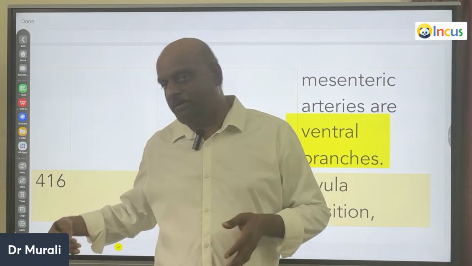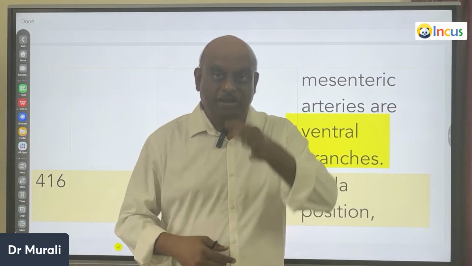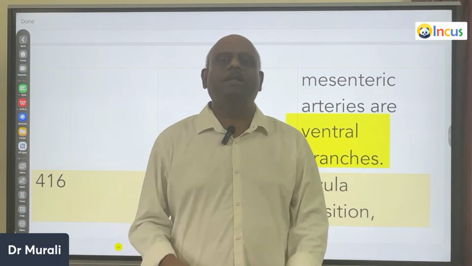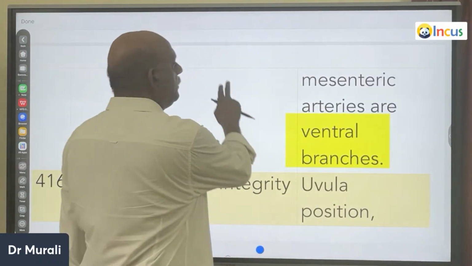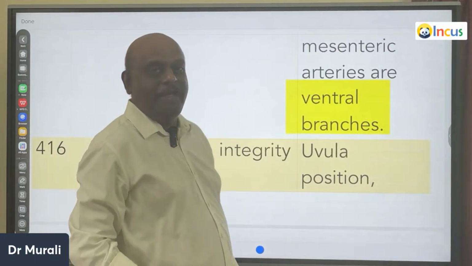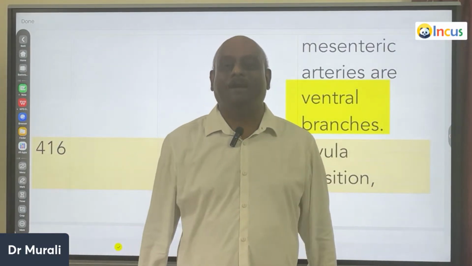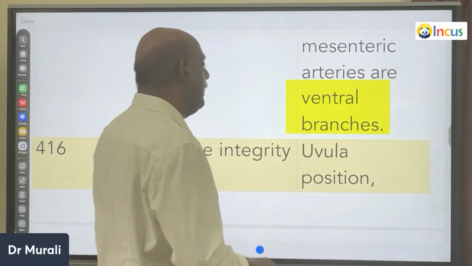Which are anterior, which are lateral, which are posterior, arising from the tube which is called the descending aorta. Out of that, the mesenteric arteries and celiac trunk typically arise anteriorly from the aorta. They are ventral branches of the aorta.